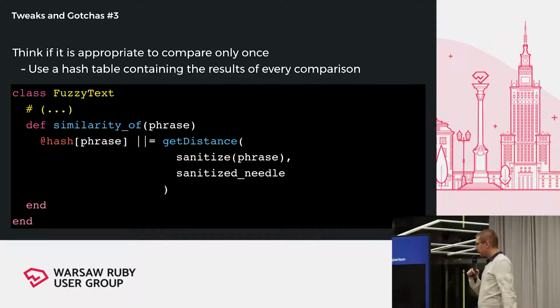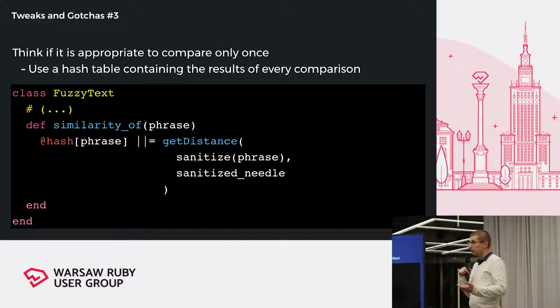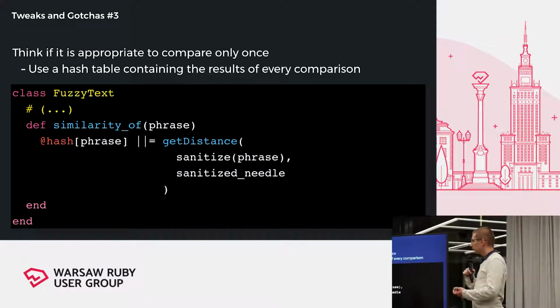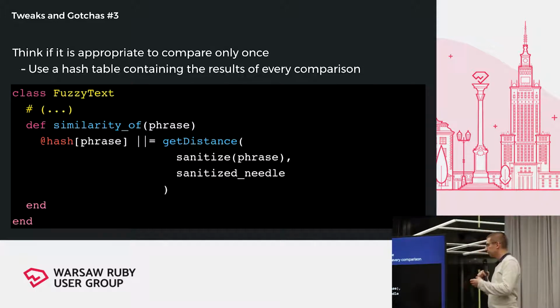I've been talking about sanitization of the phrases. Sometimes you want to skip the white characters, sometimes punctuation. Perhaps there is more. If there is more to be sanitized, you might want to think about a hash table to keep all the results of the similarity checks, just so you don't compare the same phrases over and over again.